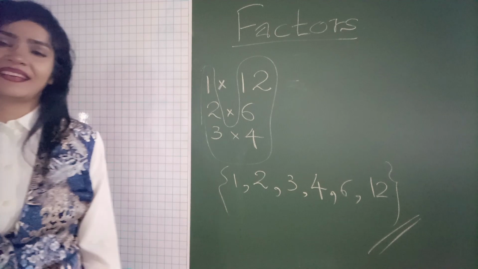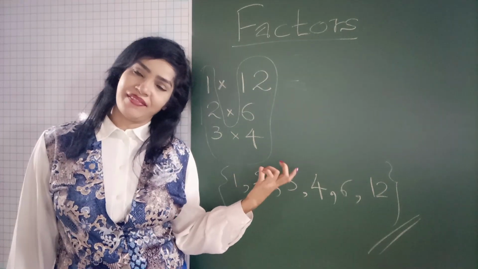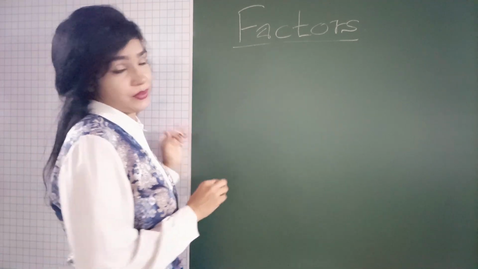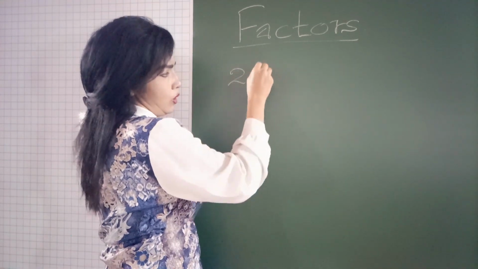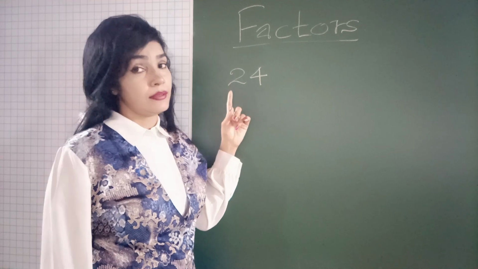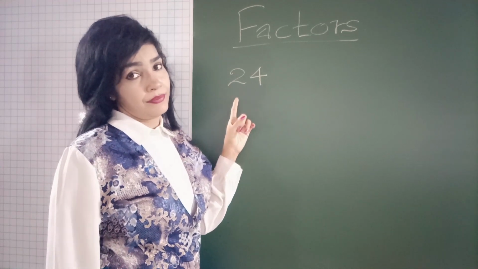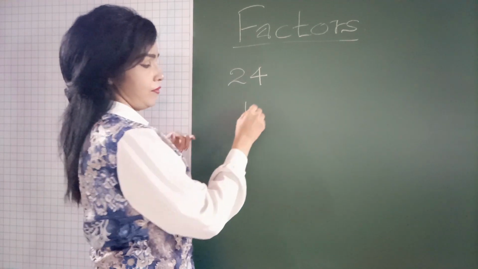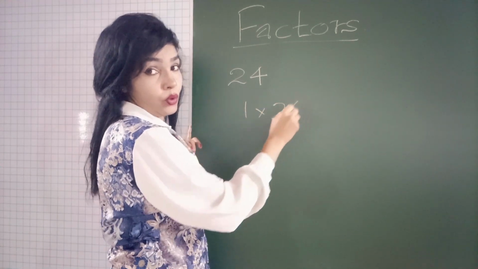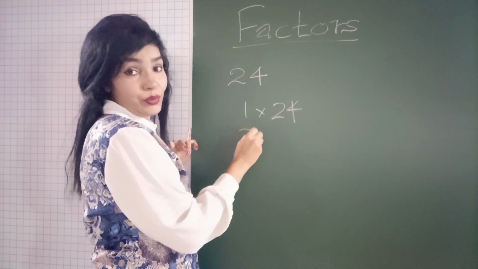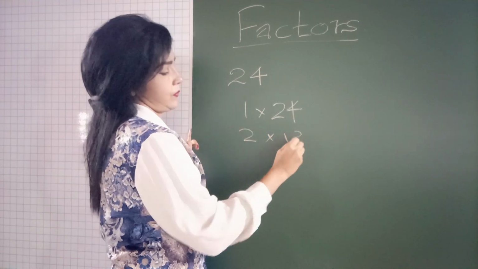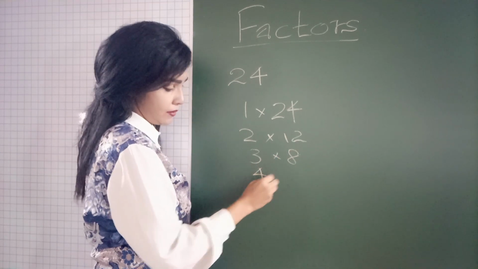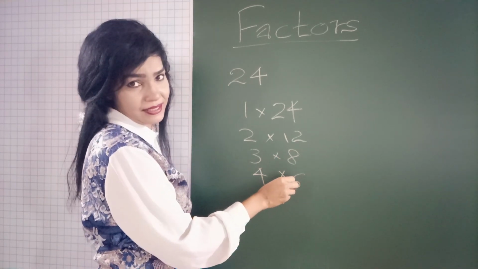Can you understand? Okay, what is basically a factor? Alright, another example. I'll take 24. I want to write the factors of 24. What's the method? Does 1 times go with 24? Yes. 2 times? Yes. 3 times? 8. Yes. 4 times? 6. Yes. 5 times?